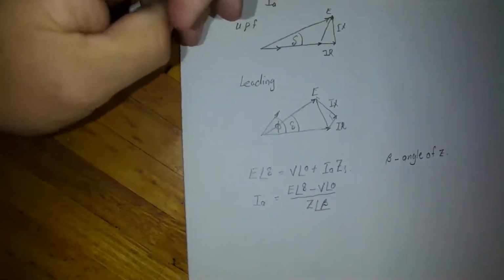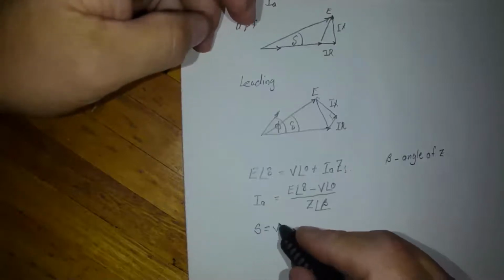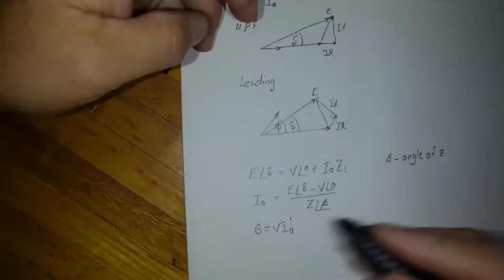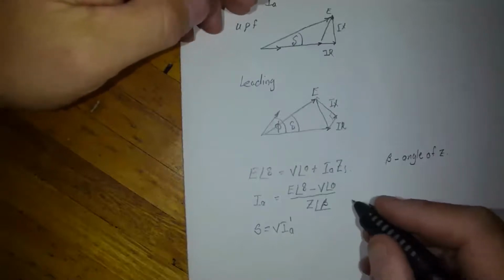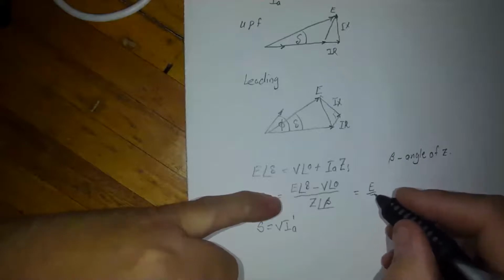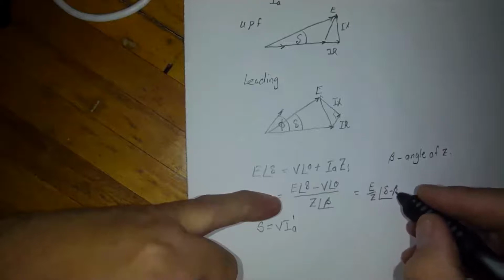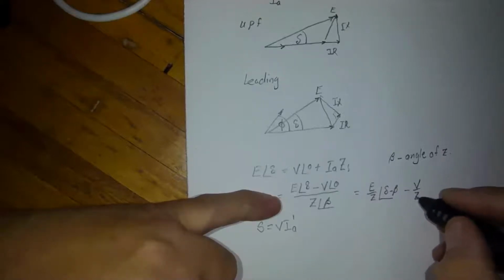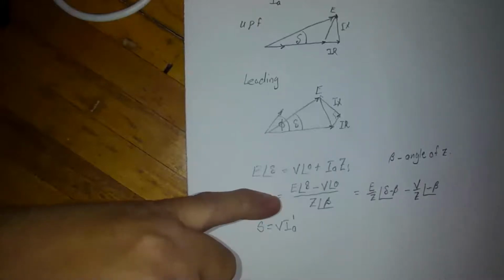Now we know that S is V times IA's conjugate. So this we can say is E divided by Z at angle delta minus beta, minus V over Z at angle minus beta.